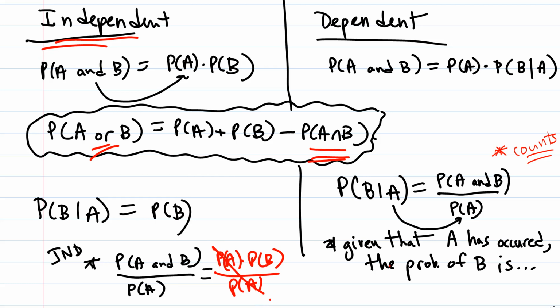I'm just left with the probability of B. Basically, A has no effect on B. Versus over here, for the A and B, I encouraged you to use counts to do that, but this idea of given that, it's on your quiz. I don't go too crazy with this, but just expect that on the test.